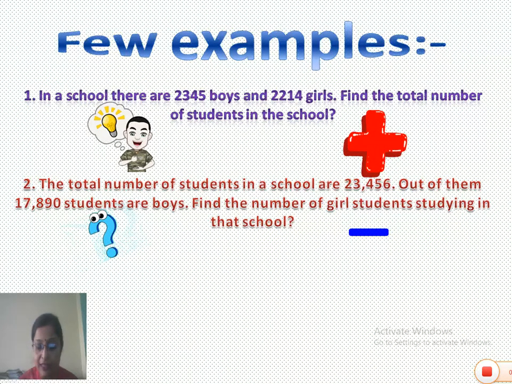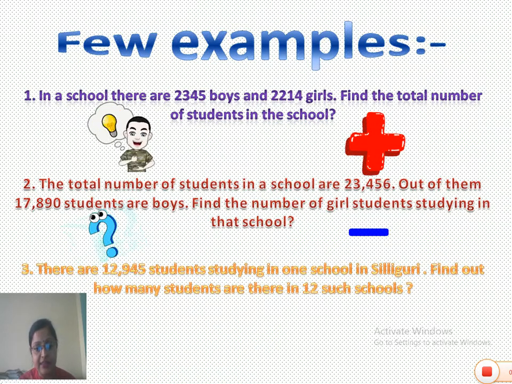Now let's see the next example. The next example states that in one particular school in Siliguri, there are 12,945 students. Now we need to find out how many students will be there in 12 such schools. So children, the first thing that we need to do is understand it properly.